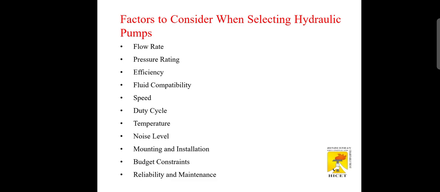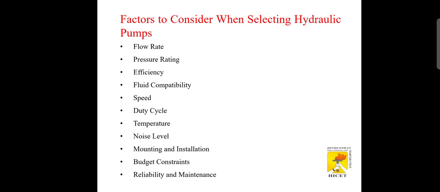The hydraulic pump must be compatible with the hydraulic fluid used in the system. Different pumps may be designed for specific types of hydraulic fluids, and choosing the right one prevents issues such as fluid degradation or pump damage. The speed of operation: in hydraulics and pneumatics we have two types of fluids.